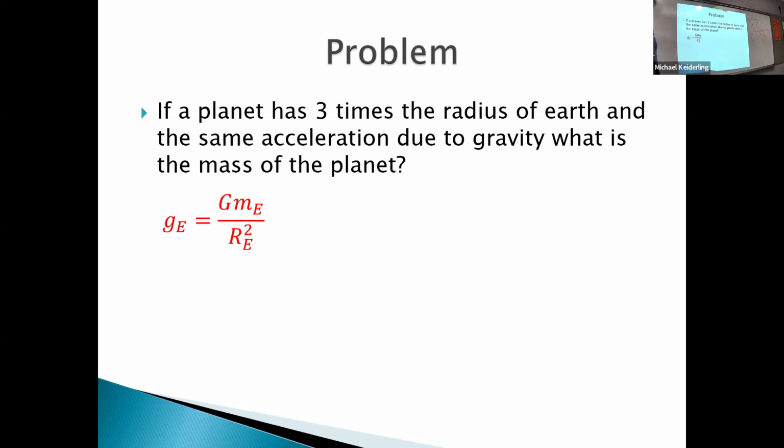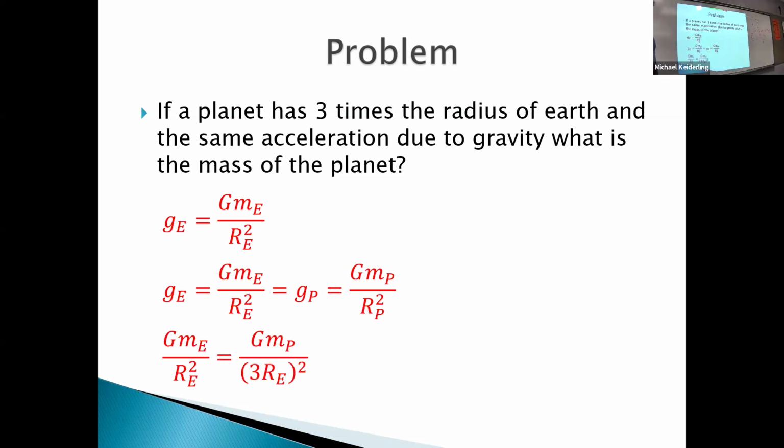So if we triple the radius, gravity on Earth has to equal gravity on the planet. So big G times mass of Earth over radius of Earth squared equals big G times mass of the planet over radius of the planet squared, which is big G times mass of planet over 3 times the radius of Earth squared.